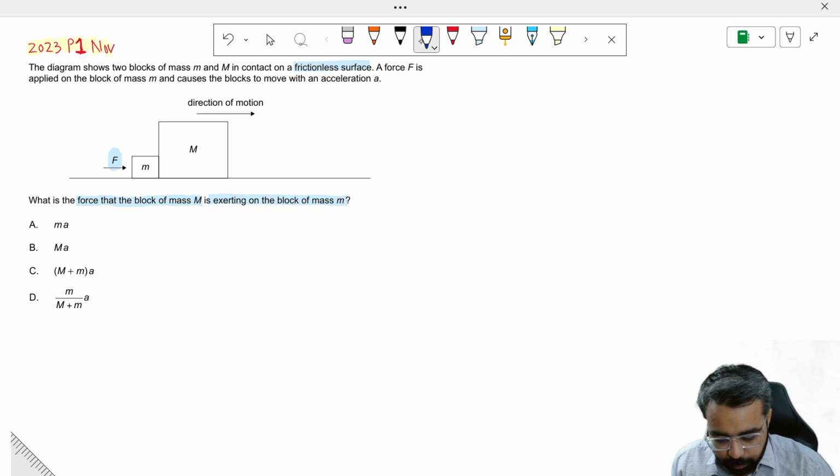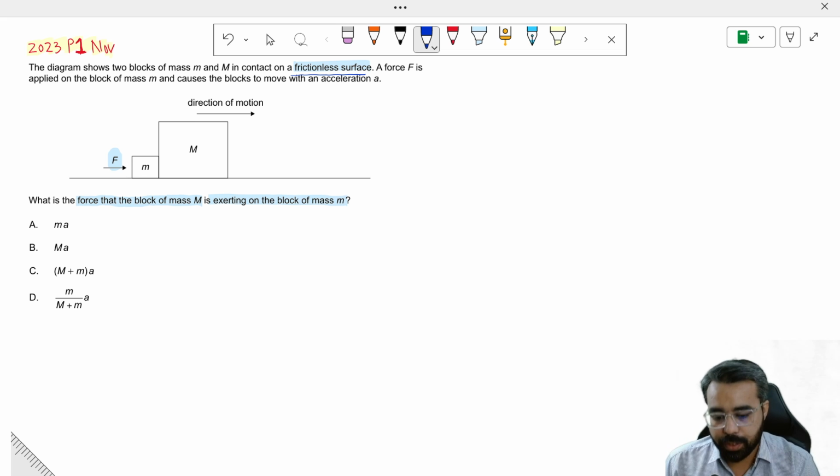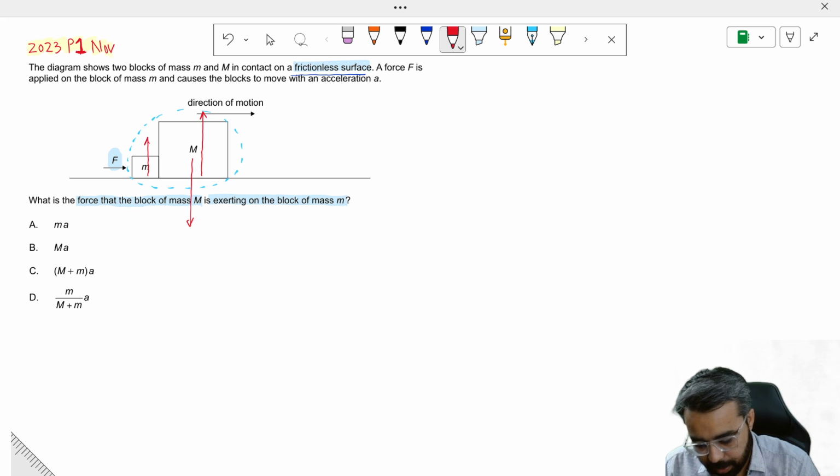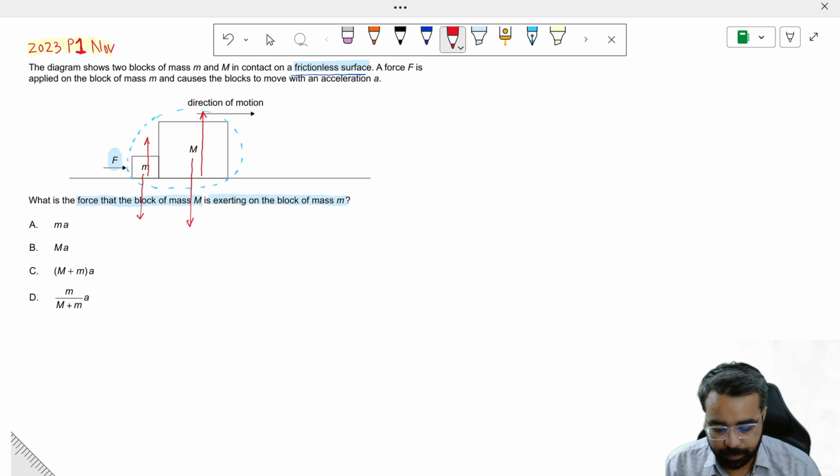So first of all, as the surface is frictionless, as stated over here, and all the forces which are inside the system, right? So I'm assuming this is our system, all right? What are the forces which are inside the system? One is the normal force and the weight of this mass, the normal force and the weight of this mass.